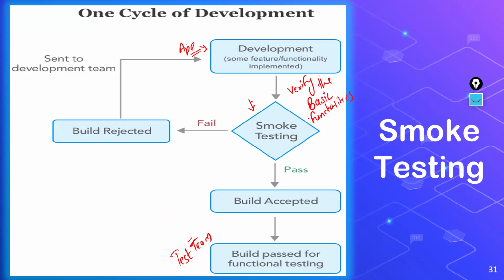Like whether the application is opening properly, closing properly, and we are able to see the menu options. All that basic stuff is generally tested in the smoke testing. Because if these basic functionalities are not working, there is no point in sharing that application with the testing team.